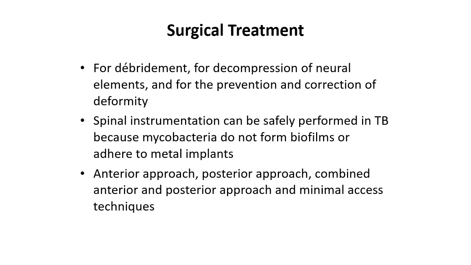Surgery has been advocated for debridement, for decompression of neural elements, and for the prevention and correction of deformity. The goals of surgical treatment in spinal TB are to drain abscesses, remove infected bone, obtain tissue for microbiological and histopathological studies, decompress neural structures, correct deformity, prevent deformity progression, and permit early ambulation and rehabilitation.